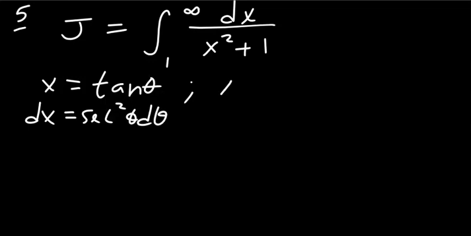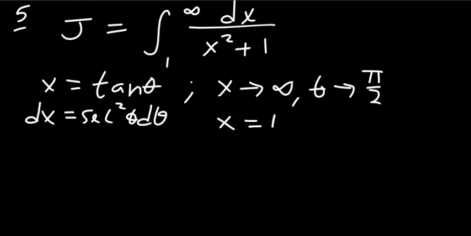Now the upper limit. When x tends to infinity, then theta must tend to pi over 2, because tangent pi over 2 is indeed infinity. And when x is 1, then theta has got to be 45 degrees, or pi over 4. Let's substitute everything in the above integral.